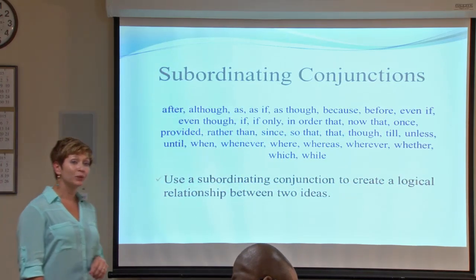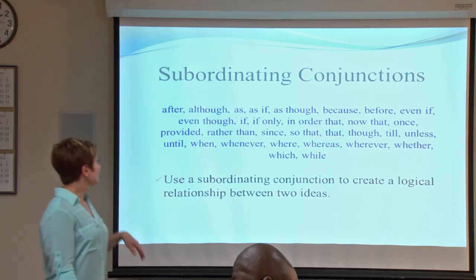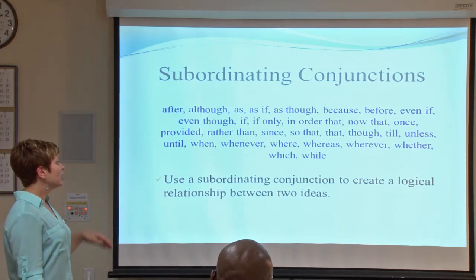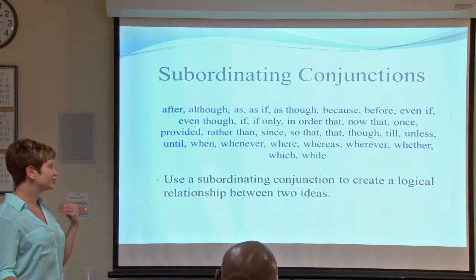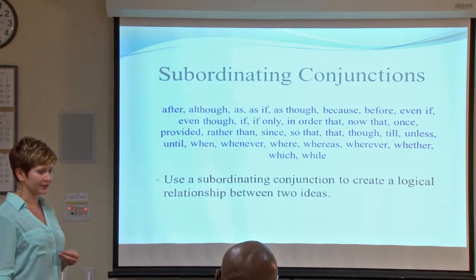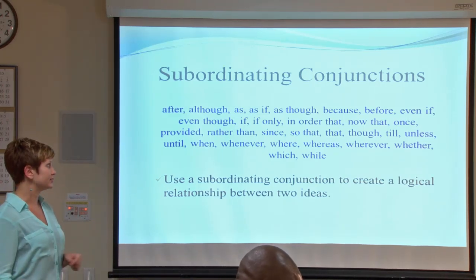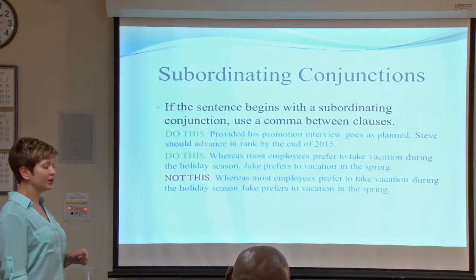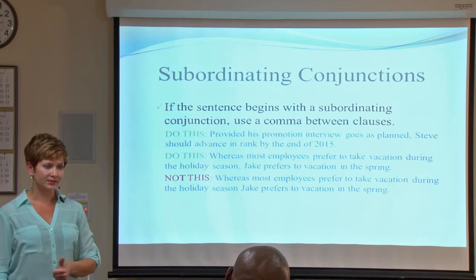Subordinating conjunctions are a little bit trickier. I know you've all seen them, and they're really fun to use. They are really meant to create a logical connection between two ideas, so between two clauses. So if the sentence begins with a subordinating conjunction, use a comma between the clauses.